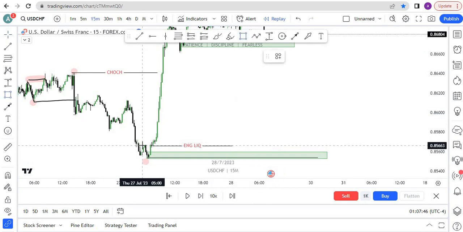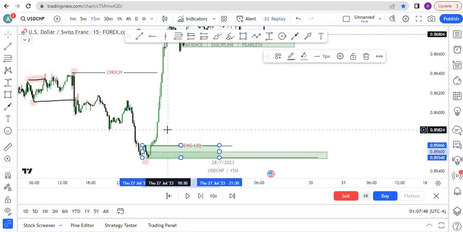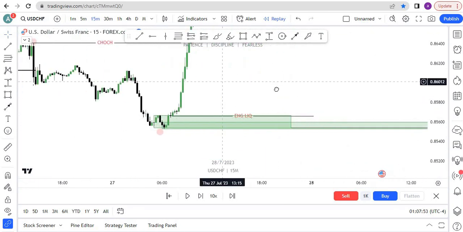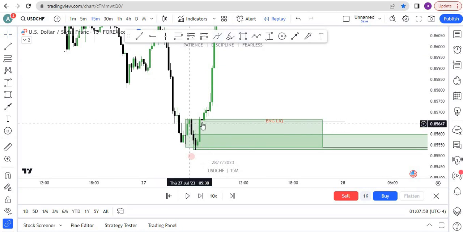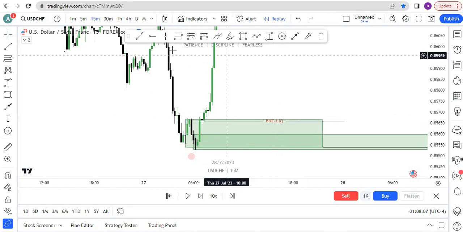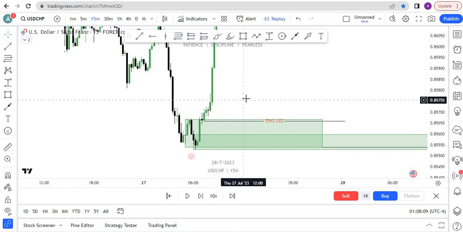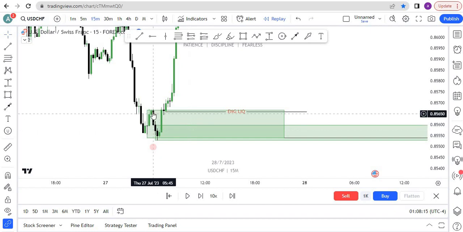You will see the last consecutive bearish move after this big move to the upside. It was mitigated by this black candle, which we marked as engineered liquidity. So this is a low probability order block. The market may come here, may not come here.